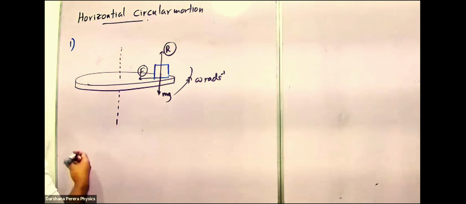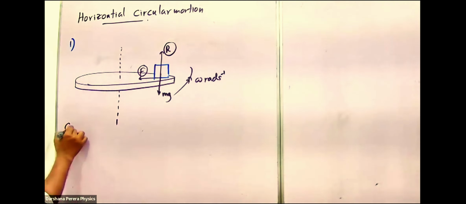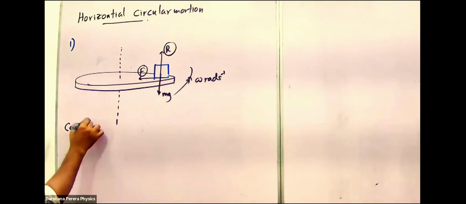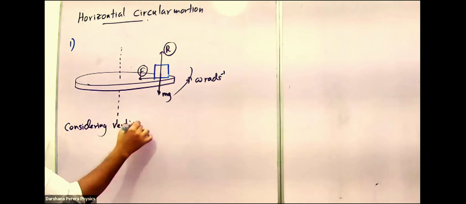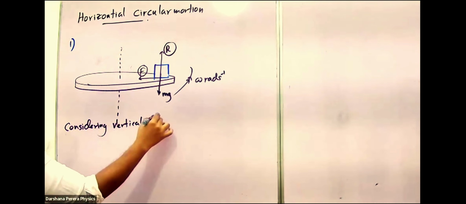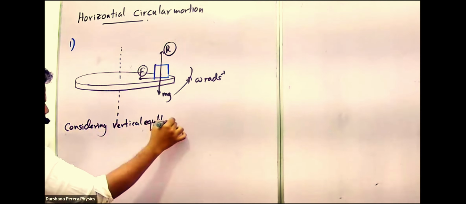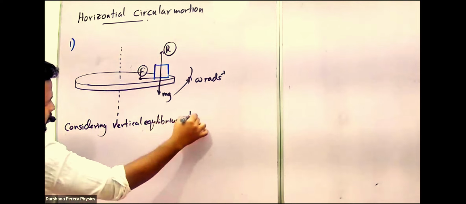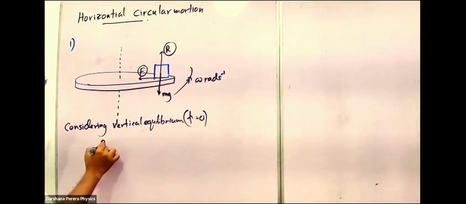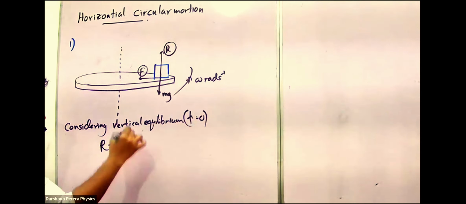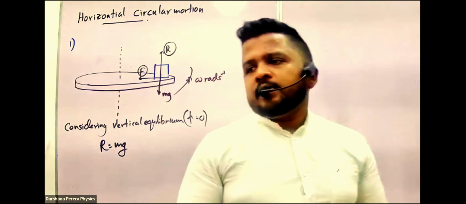Then we take the vertical equilibrium. What is the vertical equilibrium? That's R equals mg.